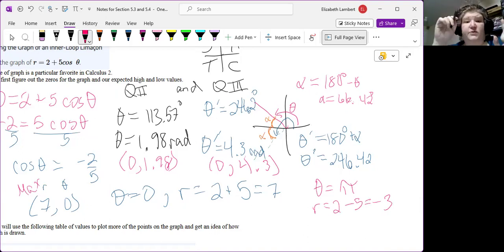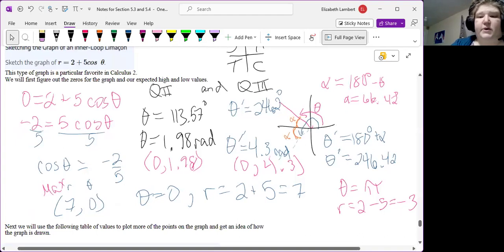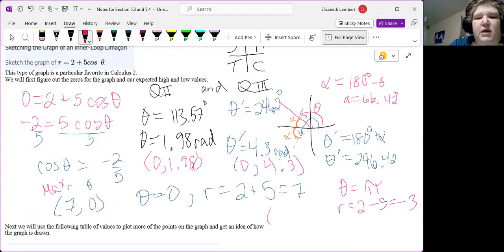So our radius goes from 7 to -3. So it's crossing some zeros in there. So this graph is going to do some crazy things. So 7, 0, and then we also have -3, pi.